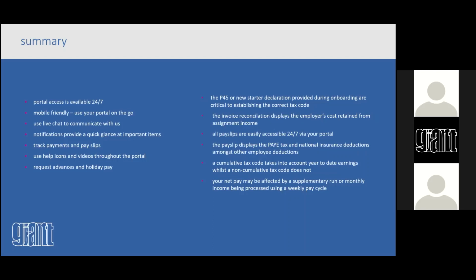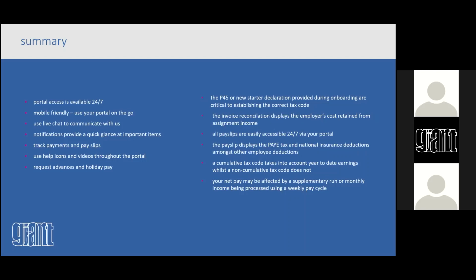The P45 or new starter declaration provided during onboarding are critical to establishing the correct tax code for you. The invoice reconciliation displays the employer's cost retained from the assignment income. All payslips are easily accessible 24/7 via your portal. The payslip displays the PAYE tax code and national insurance deductions amongst other employee deductions.